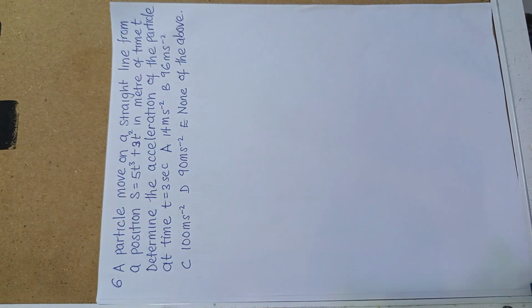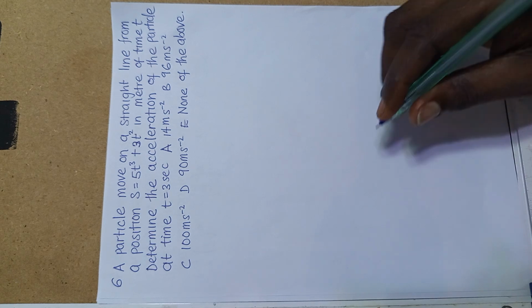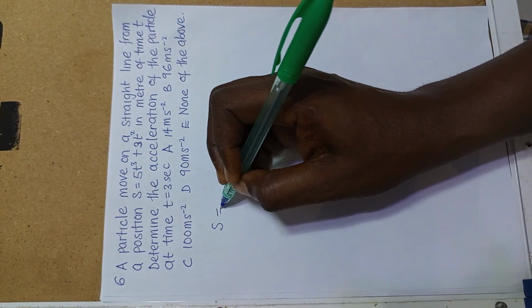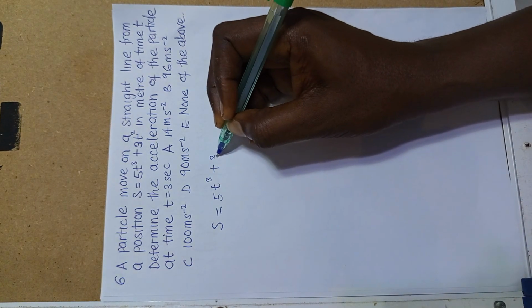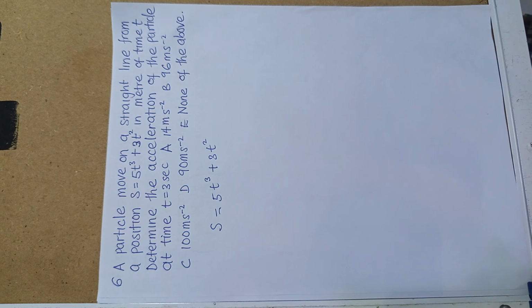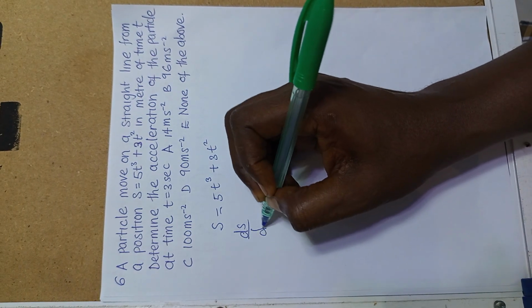The next one says a particle moves in a straight line from a position s equals 5t cube plus 3t square in meters of time t. Determine the acceleration of the particle at t equals what? To determine acceleration, you first differentiate.